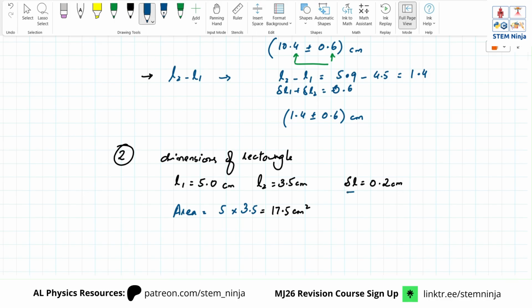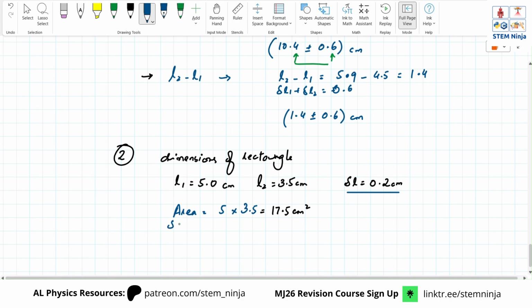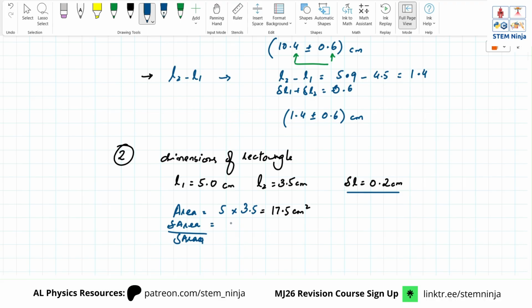But what about the delta area? We can't find it that way because we have to find it using the fractional or the percentage way.